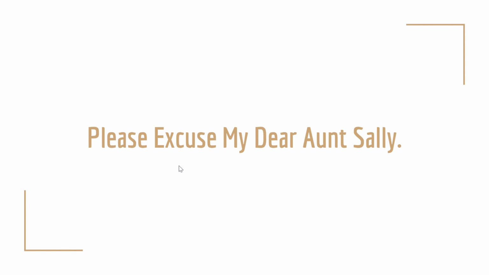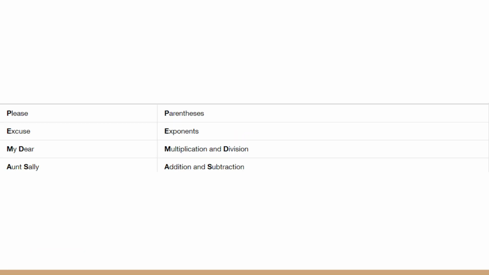Please excuse my dear Aunt Sally. It's something we can use to remember the order of operations. Please means parentheses. Excuse is exponent. My dear is multiplication and division. For this one, we don't usually say which one goes first.